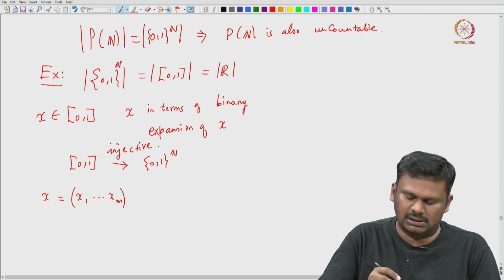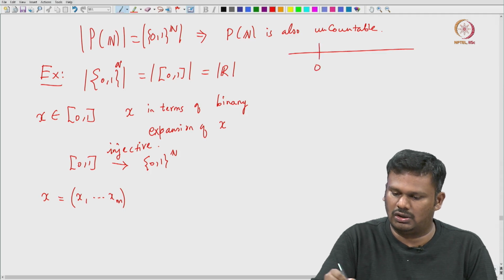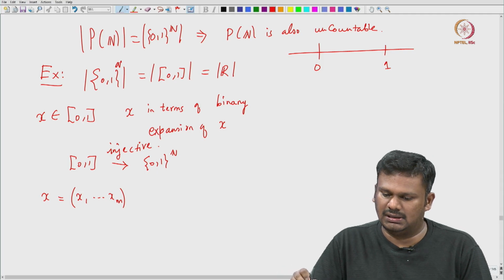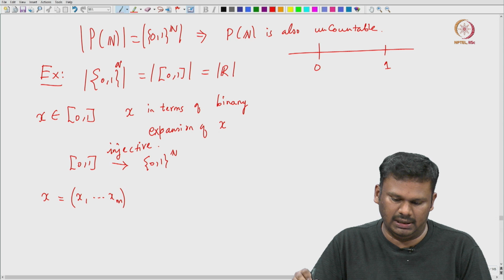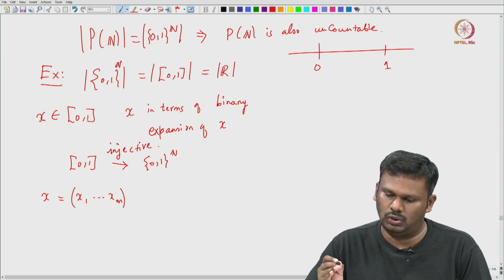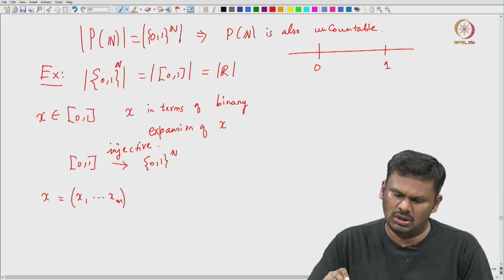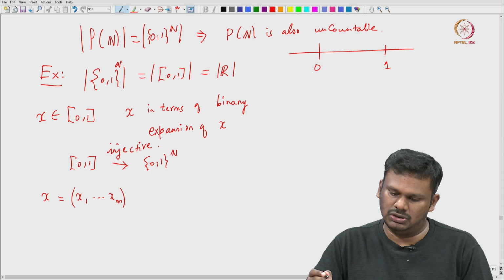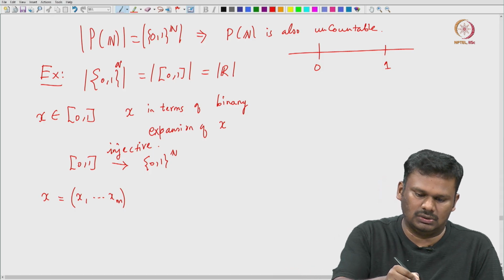So, the way you want to actually write down, you write x as some sequence x 1 etcetera x m. Okay. So, because we are only talking about 0 comma 1, the binary expansion of this will not contain any integral part of it. So, the 2 square and all cannot appear. So, everything should start from 0 point etcetera.